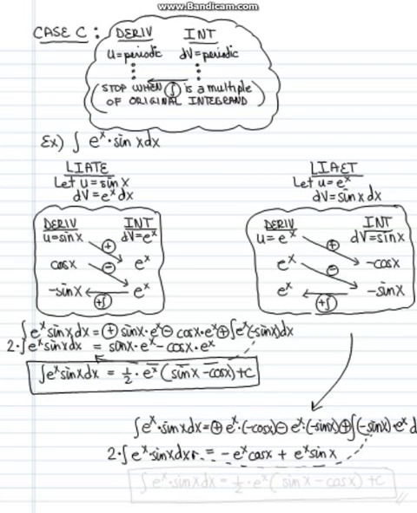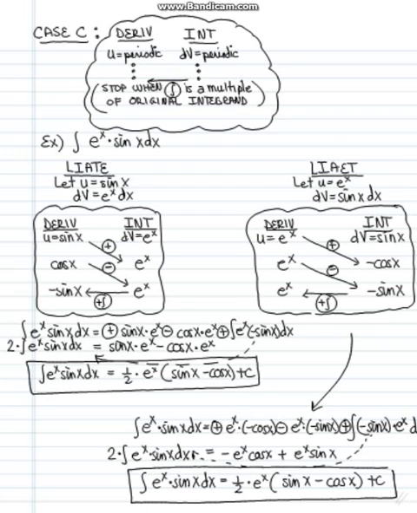Multiply both sides by 1/2. Integral e to the x times sine x dx, which is precisely what we're looking for, is equal to 1/2 times the common factor of e to the x times, let's put the positive term sine x first, minus cosine x second, plus c, and we're done, and the answer is the same as the first.